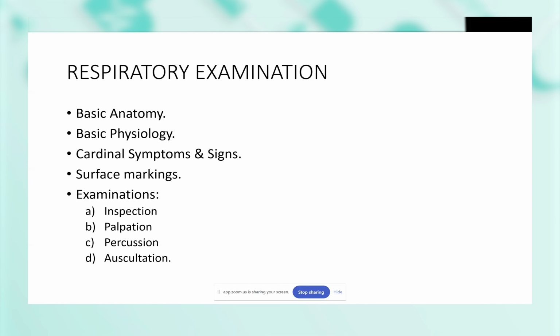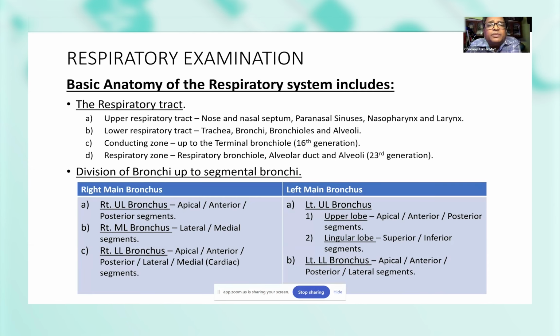Okay. Now we are coming into the basic anatomy of the respiratory system. We have an upper respiratory system, that is the nose, nasal septum, paranasal sinuses, nasopharynx up to the end of the larynx. Then the lower respiratory tract starts from the beginning of the trachea, then two main bronchi, then bronchioles up to the alveoli.